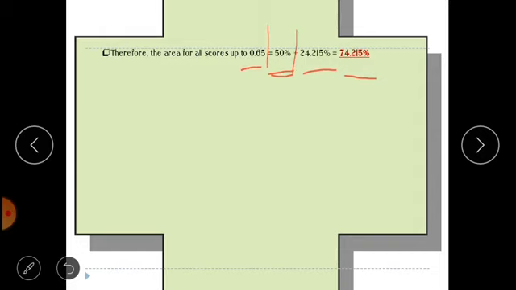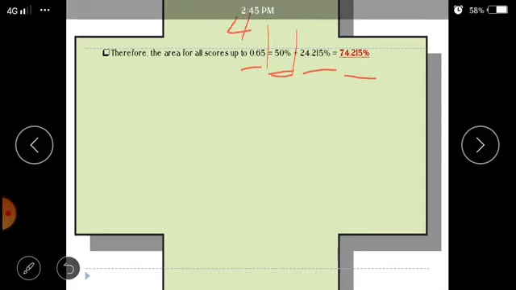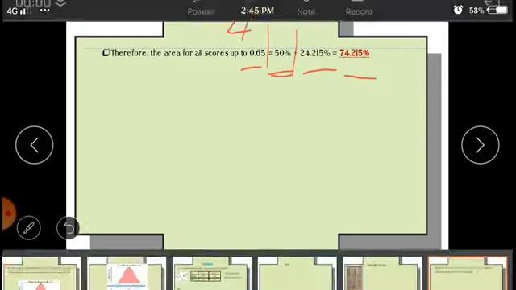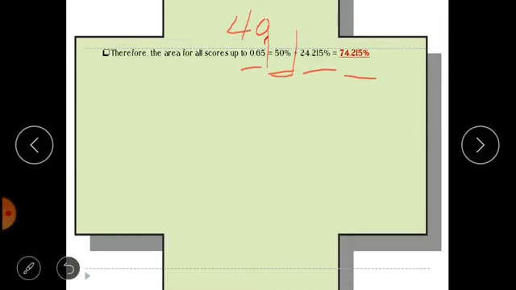No, so, nalito ba kayo, class? So, yung area ng 0.65 z-score natin dun sa way ng apple na 0.667 is 48.43, di ba?